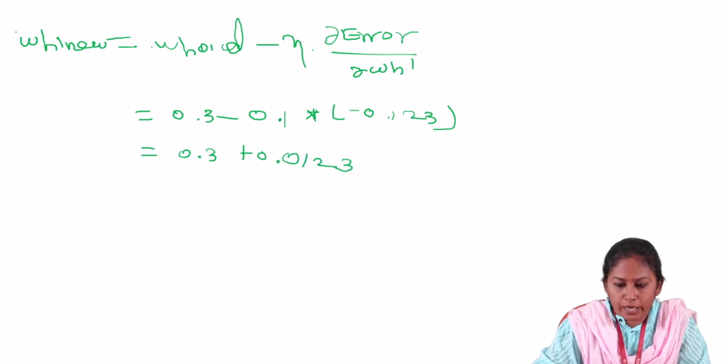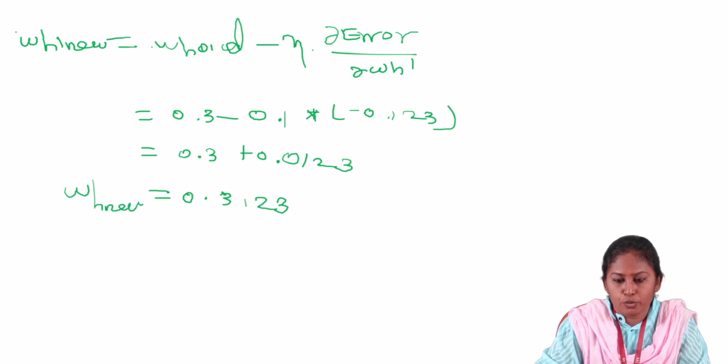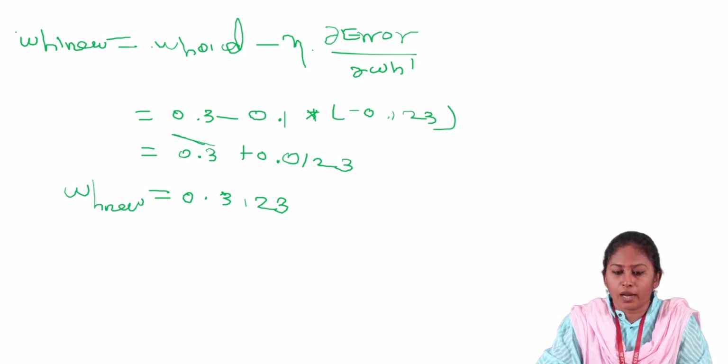The updated value is 0.3123. So this is the WH new value. The old value is 0.3, and from 0.3 we are updating WH1 to the new value 0.3123.